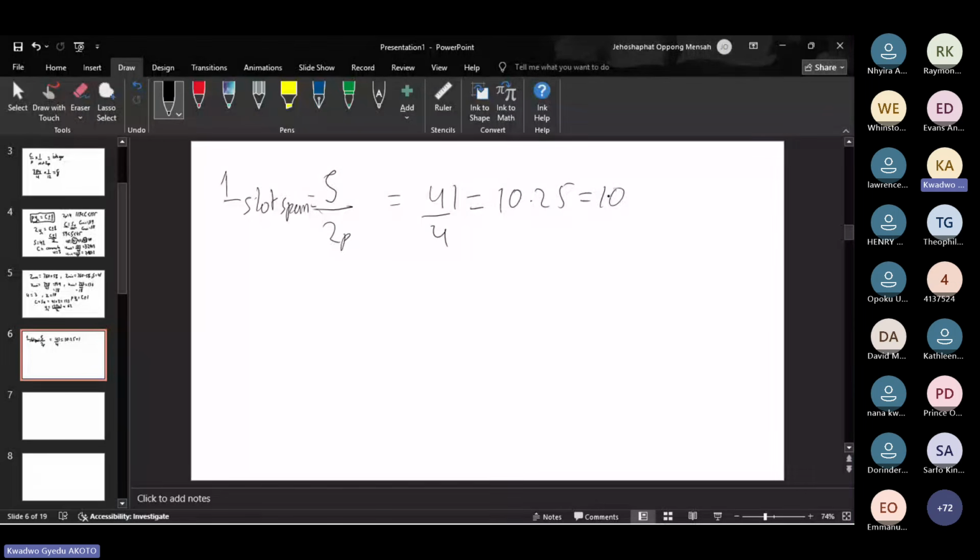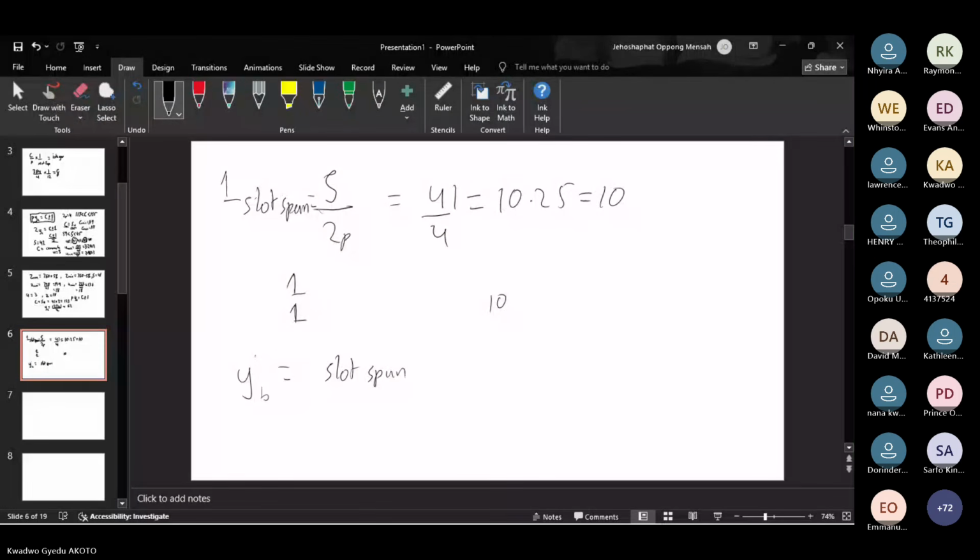So that means that if top conductor 1 lies in slot 1, then its bottom conductor is going to lie in slot 10. Now we must find our coil pitch YB, which is the actual bottom conductor number.